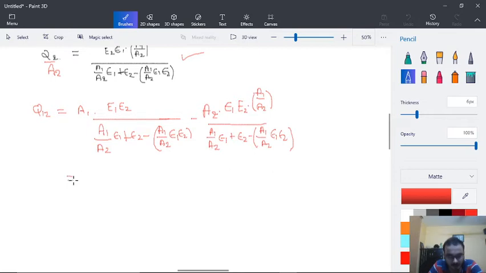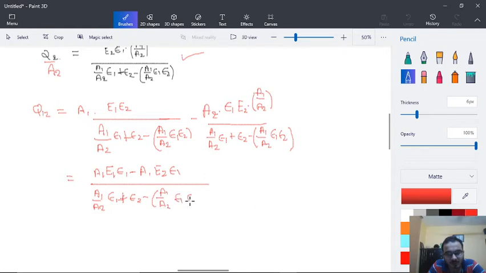So finally what we will be getting out of this is A1 E1 epsilon 1 minus A1 E2 epsilon 1 divided by A1 upon A2 epsilon 1 plus epsilon 2 minus A1 upon A2 epsilon 1 epsilon 2.